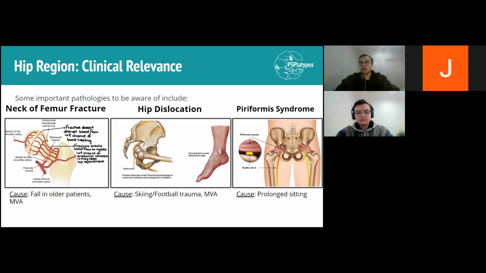However, if that fracture occurs down here in the neck region, further down, then you're going to actually destroy the retinacular arteries. And if you do that, then blood can't flow from the deep femoral artery into this section here, right? This section is going to have a loss of blood supply because the blood coming from this area is not going to be able to travel up anymore, because it's cut off at this region.